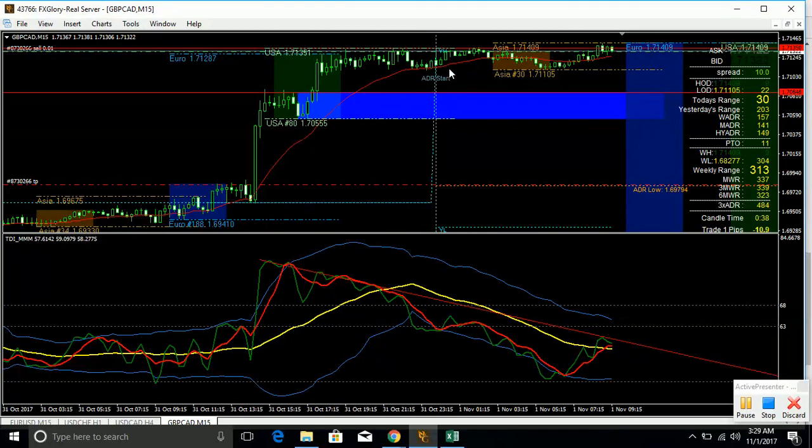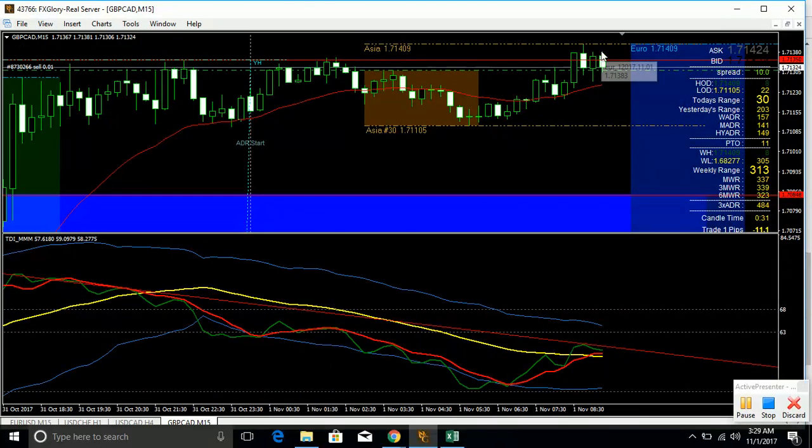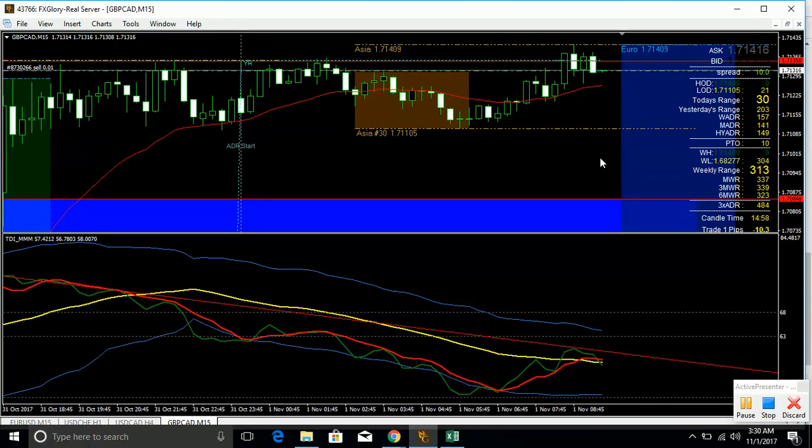Once you identify something like that, if you can be patient and place your timing in the session or before the session, end of the session, when those trap moves happen, you're gonna have a lot of success. And that's just being honest.